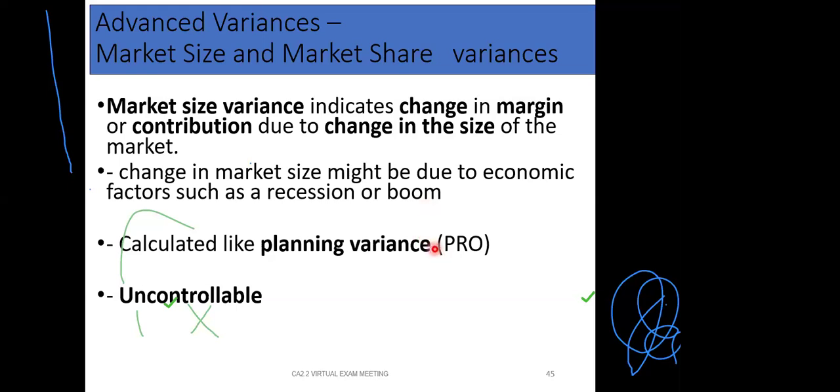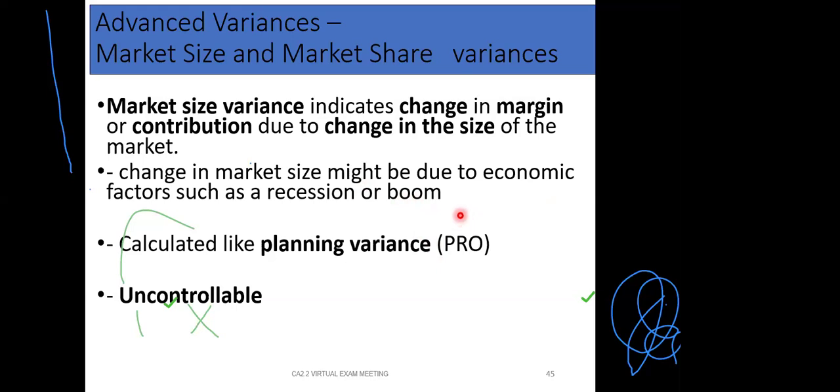So if overall the size of the market grows in the economy or in the world, it's possible that your margin or profit or contribution can increase. The change in the market size might be due to economic factors such as recession or boom. If there is a recession, then there is a general decrease in the market size.